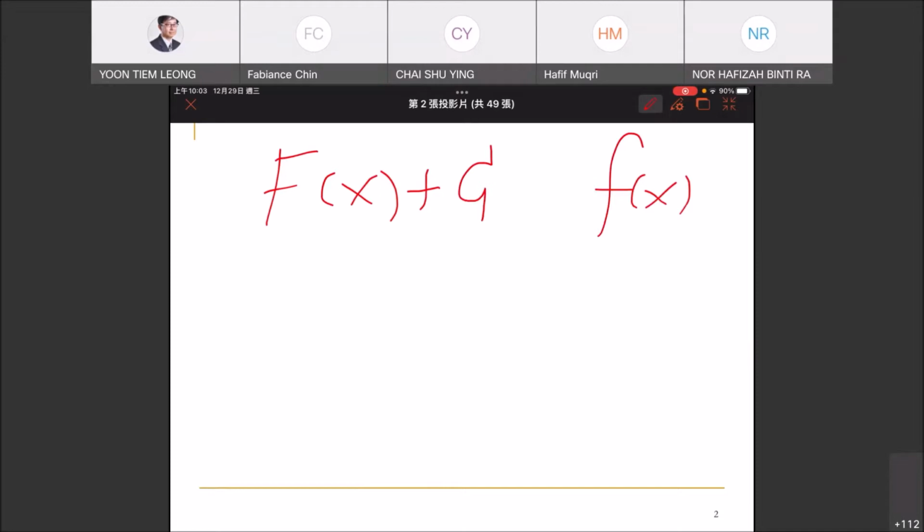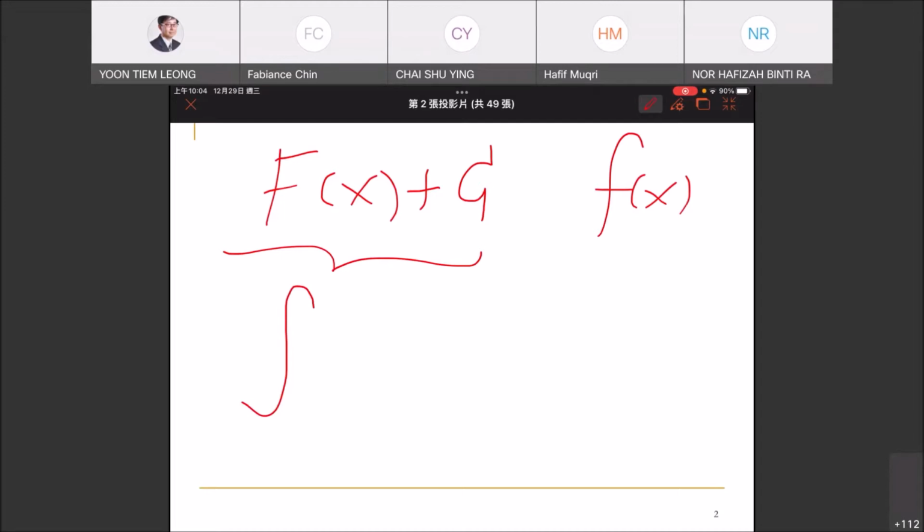So we call the collection of all the antiderivatives of f a symbol. We define a symbol for the antiderivative. The symbol for the collection of all the antiderivatives is represented by a symbol with an integral sign.